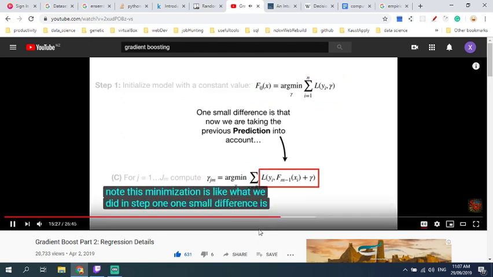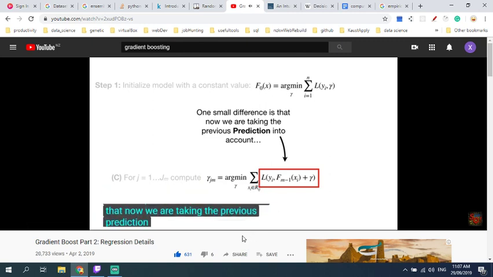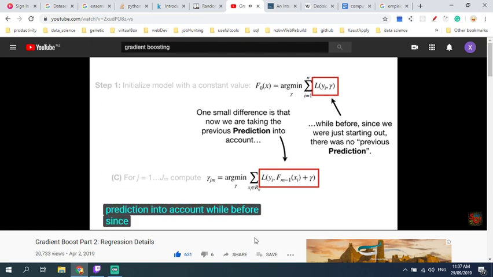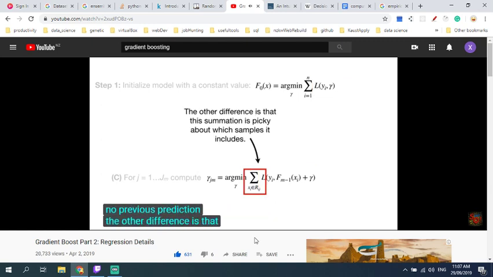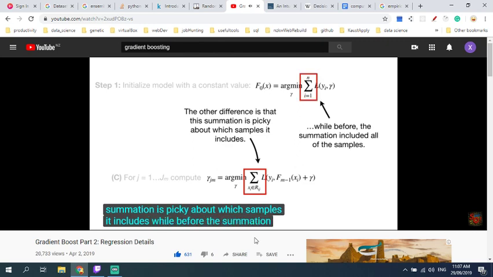One small difference is that now we are taking the previous prediction into account. While before, since we were just starting out, there was no previous prediction. The other difference is that this summation is picky about which samples it includes. While before, the summation included all of the samples.